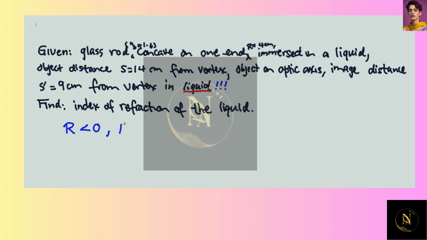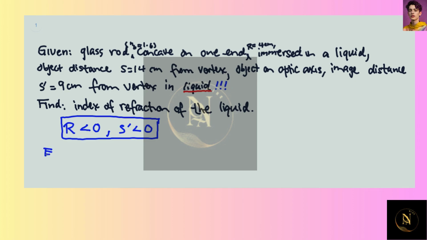And the image distance, S primed, since it's formed on the side of the incoming rays as opposed to the outgoing rays, is going to be negative also. So these are two very important things that we need to keep in mind when we try to find the index of refraction of the liquid, which is what we're asked to find in this problem.